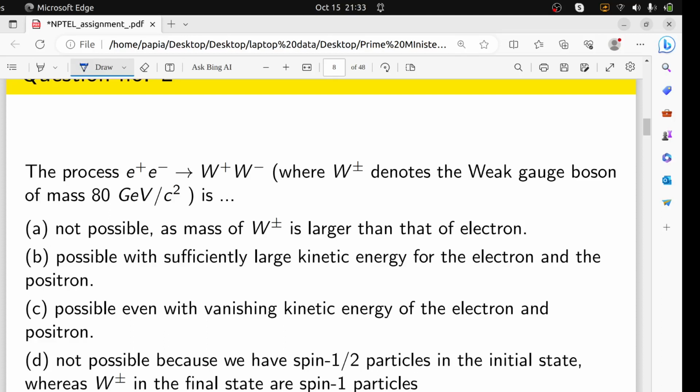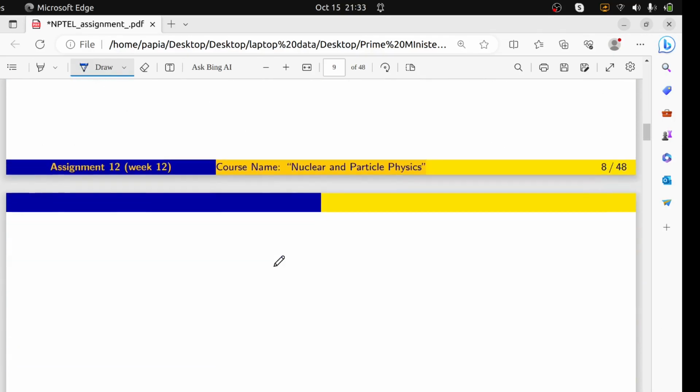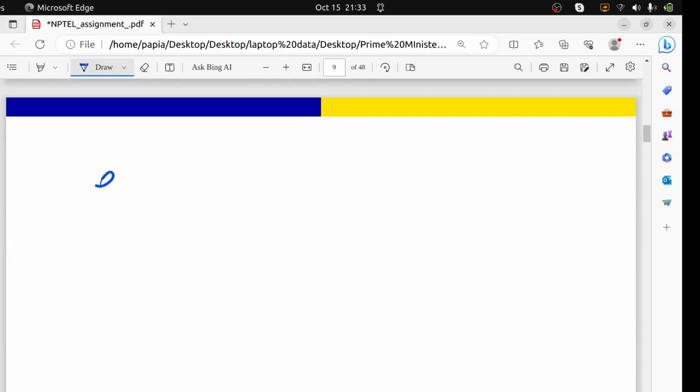So there are 4 options, and they are asking whether this process is possible or not. If it is possible, then in which condition is it possible? If it is not possible, then why is it not possible? Okay. So we will first talk about the interaction given here: e+ e- going to W+ W-.